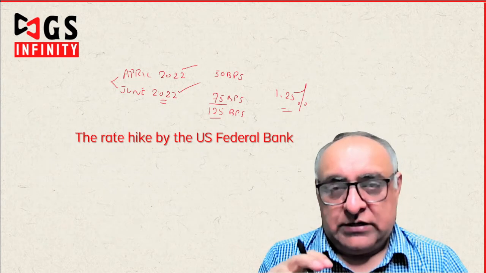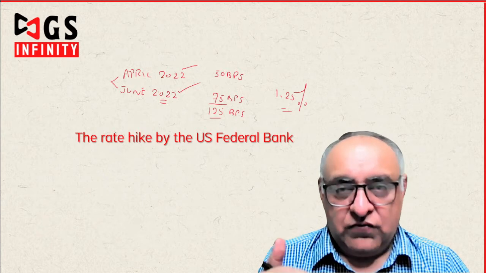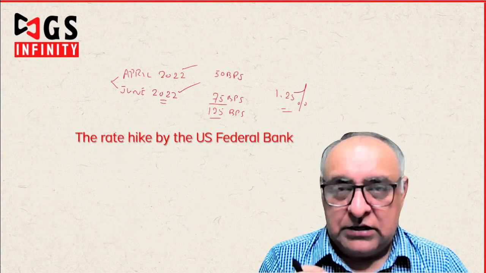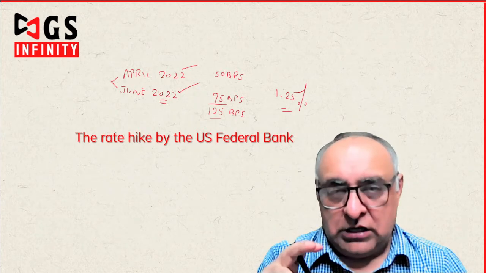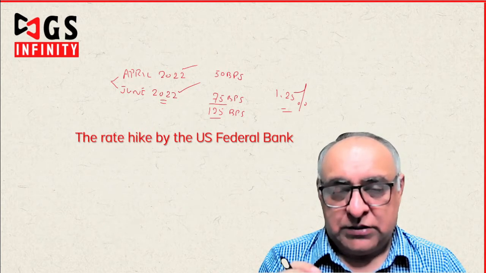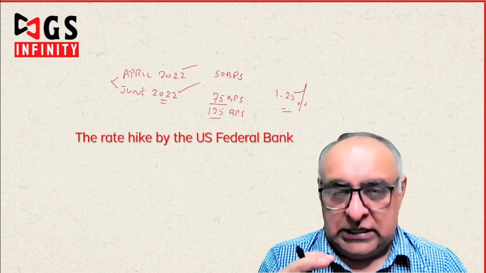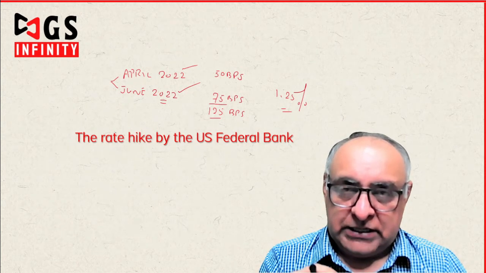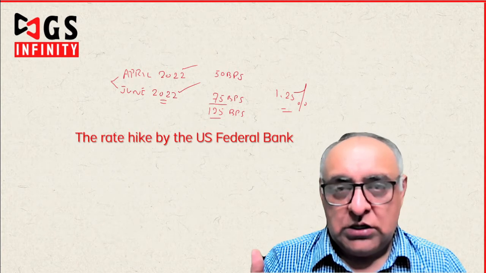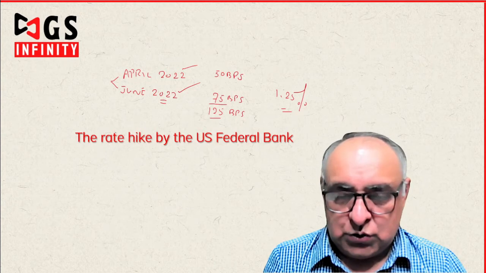So US Federal Bank has increased the policy rate in the wake of the high rate of inflation in the US market, which is 8.6% and is the highest in the US in the last 40 years. That is since 1982. This is the highest rate of inflation in US today.